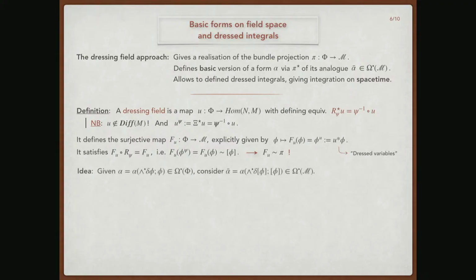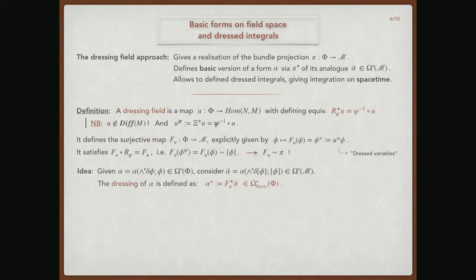So in a sense, this dressing map is essentially the same thing as the projection of the field space. Now, what's the idea behind the dressing field approach, very broadly? Suppose again you have a form on your field space, so it depends on the variation of the fields and on the field itself, and it transforms in a non-trivial way under diffeomorphism. Suppose you take the counterpart of that object on the moduli space, meaning you take the same functional expression alpha, but you imagine that it acts on the base, the moduli space, depending only functionally in the same way on the orbit class.